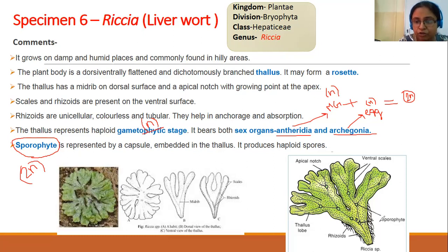And the main function of this sporophyte is that some cells undergo meiosis and they produce the haploid spores. Haploid spores will be N, so the life cycle will be complete.